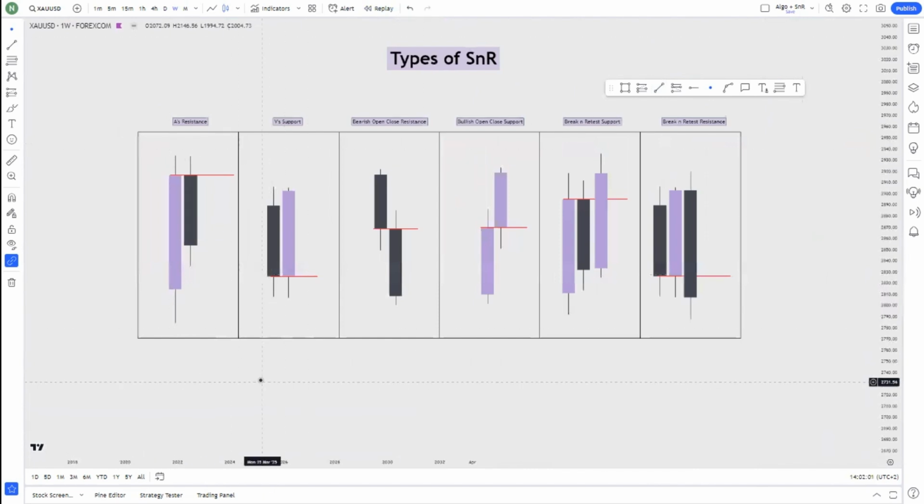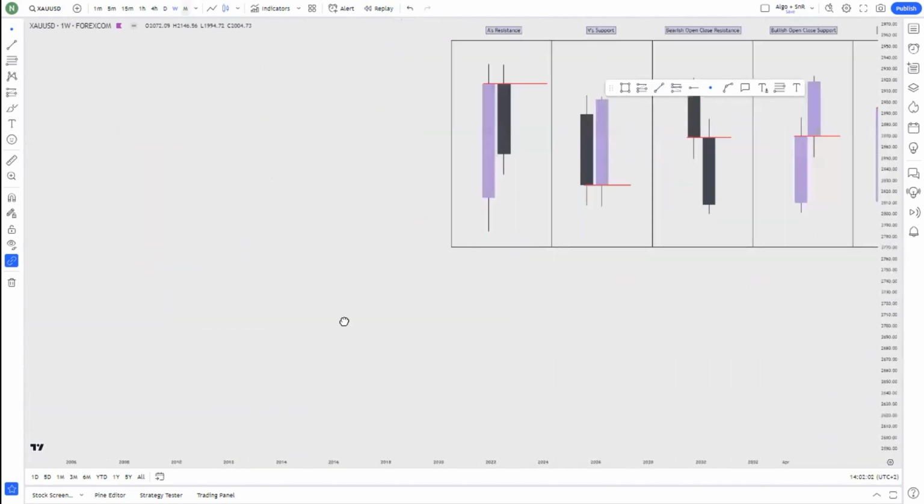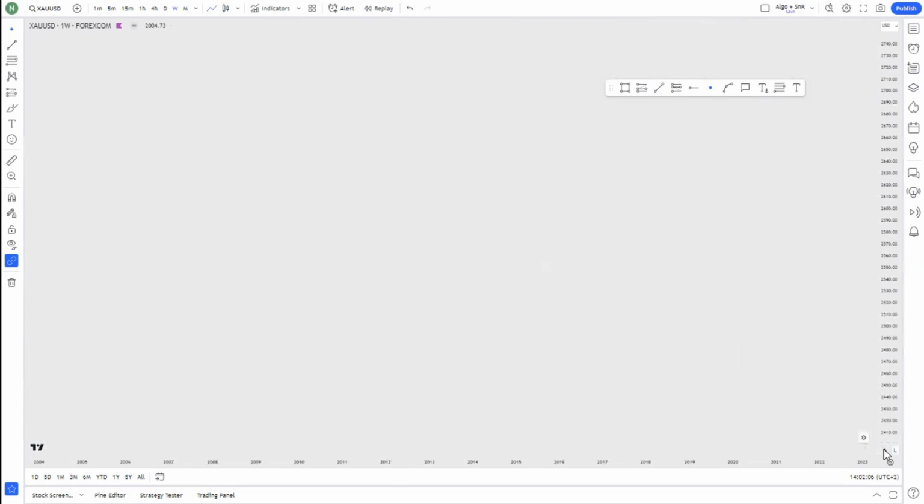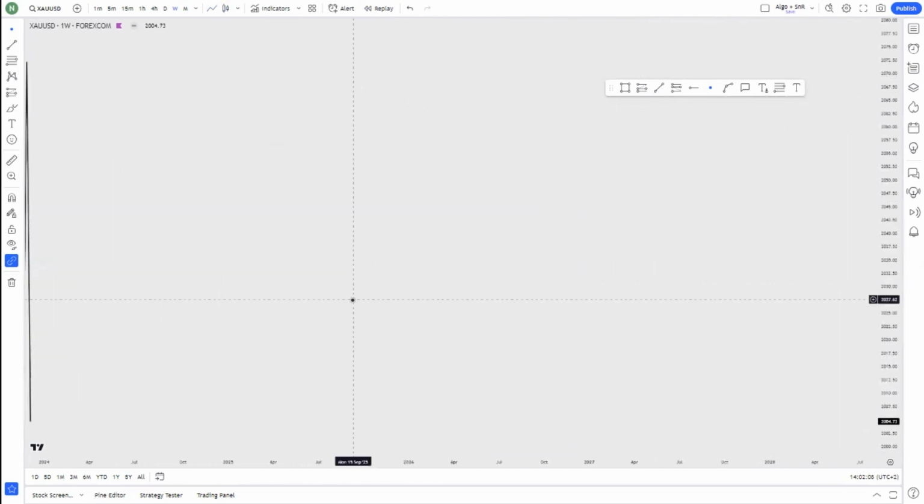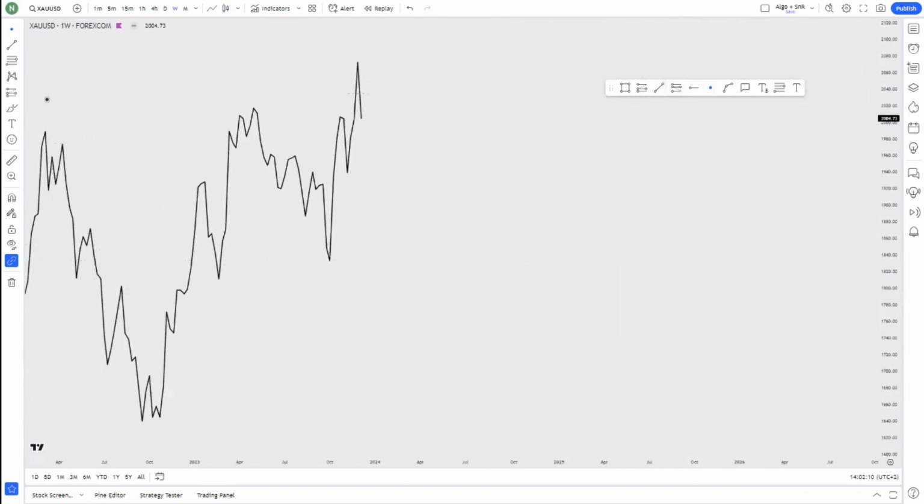When you go to the line chart, let's just start with the line chart. Just looking at the line chart, what do you see? The A is a little bit self-explanatory, because if it's an A, it's going to be like this, which means there's a resistance in the line chart. Then if it's a V, this becomes a support. So you only need two candlestick formations.